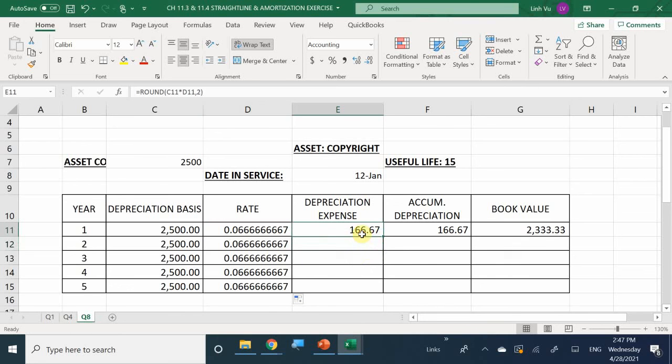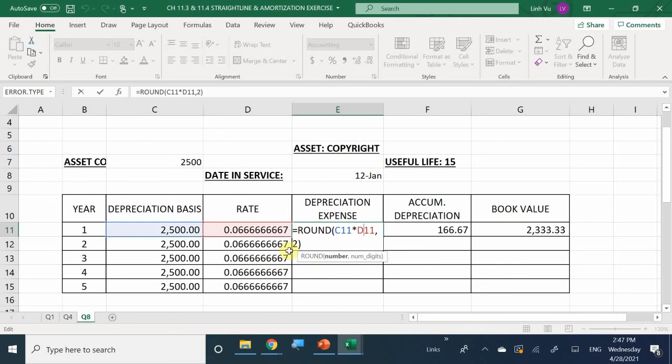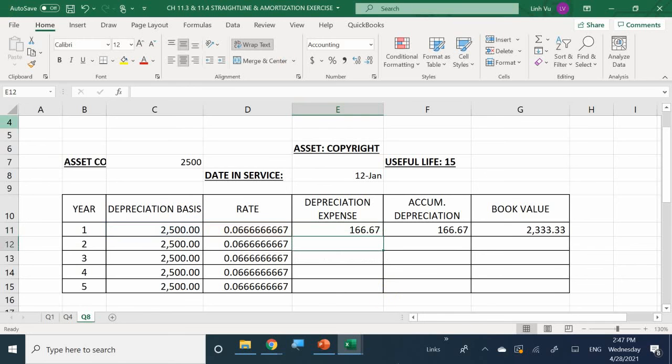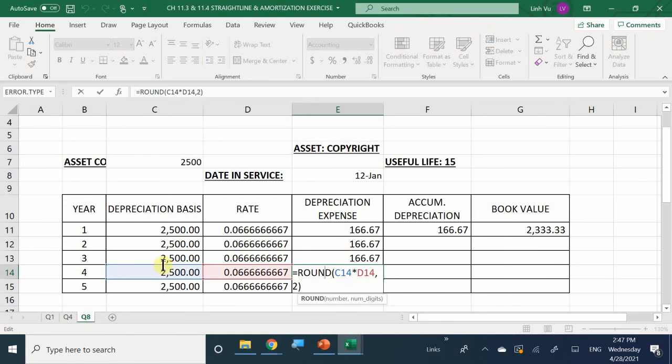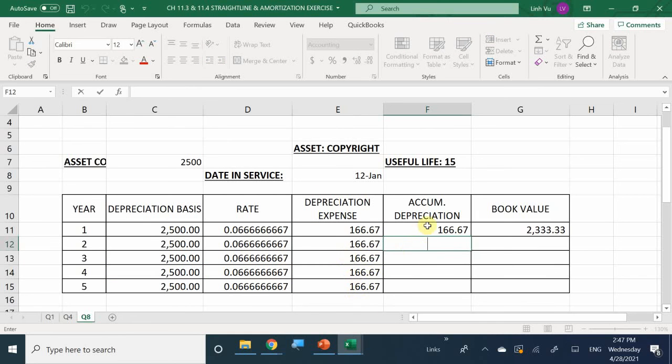And if you had the formula to multiply these two together, by pulling the formula all the way down, it should pick up the numbers associated in that row. Okay? So there you go. They're all going to be the same. The only thing that we're going to be calculating is the accumulated amortization for every year.